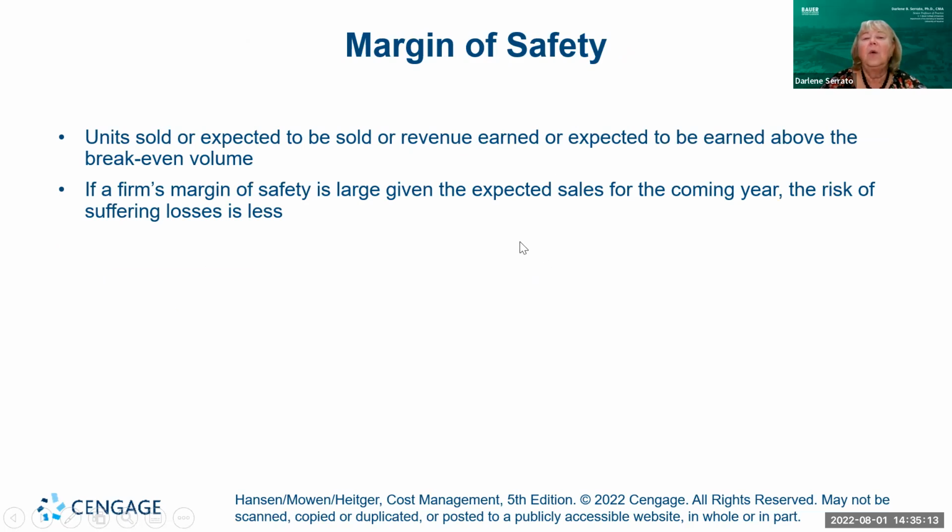Okay, so as long as margin of safety is positive, you are operating above break-even, which is good. If margin of safety is a negative number, then that means you're already operating below break-even.